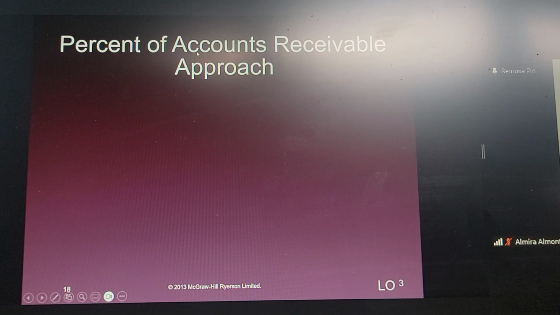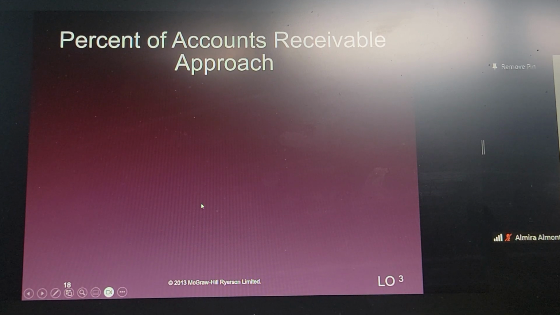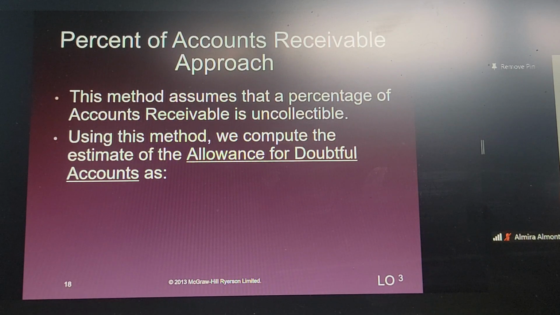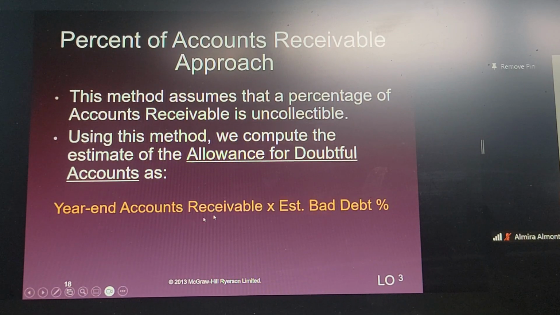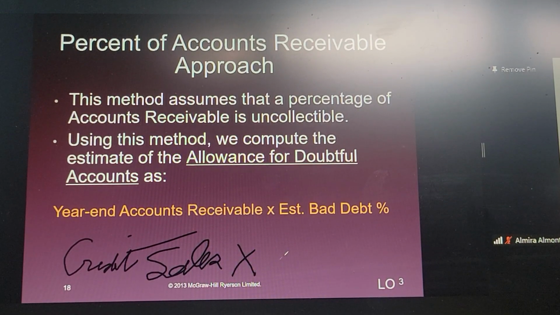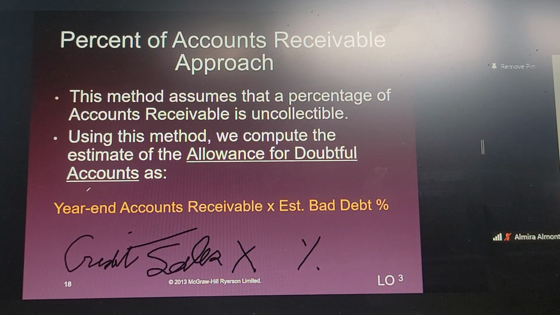Another one is a percent of the accounts receivable. So in general, all accounts receivable, which is very similar to sales, right? People owe me money for sales or for anything else. Part of it, a percent of it, is uncollectible. So instead of credit sales by the percentage, I'm doing what?